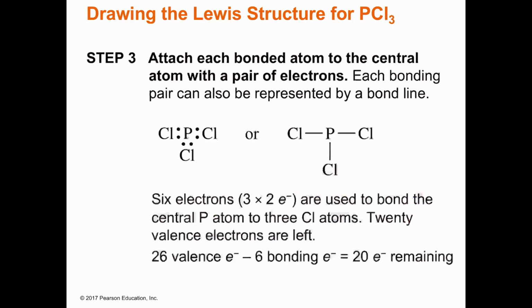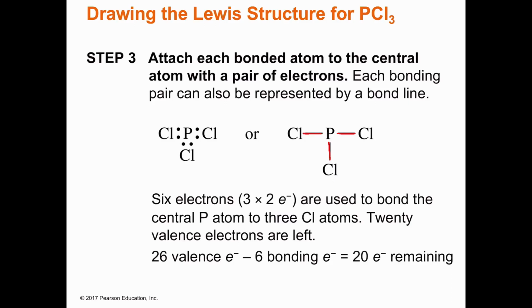So here's how we figure this out. Phosphorus goes in the middle, like we determined in step 1, and our chlorines are around it. Now we use electrons to bond each chlorine to the phosphorus. Remember, in each one of those bonds there are 2 electrons, because it takes 2 electrons to form a bond.